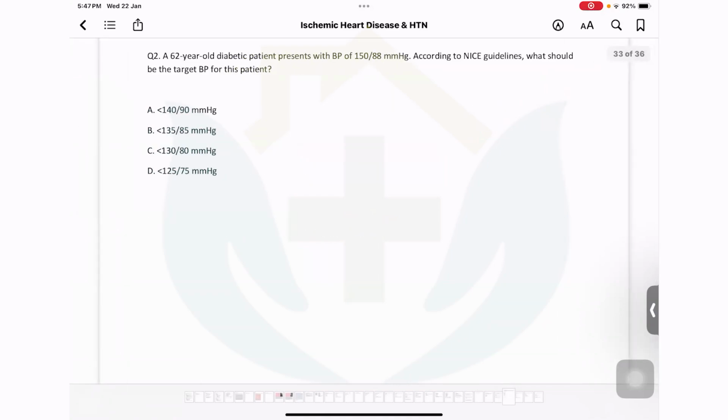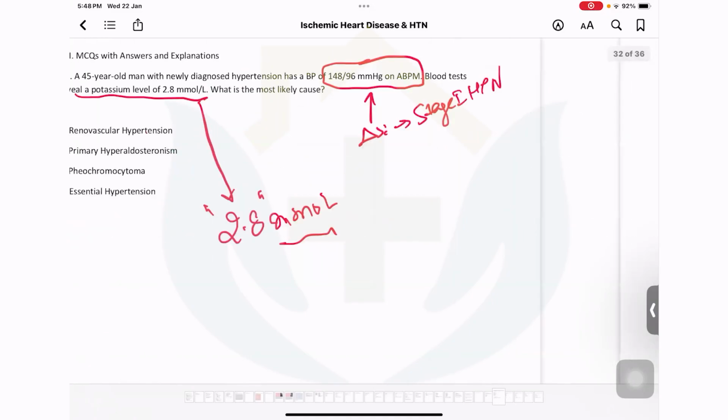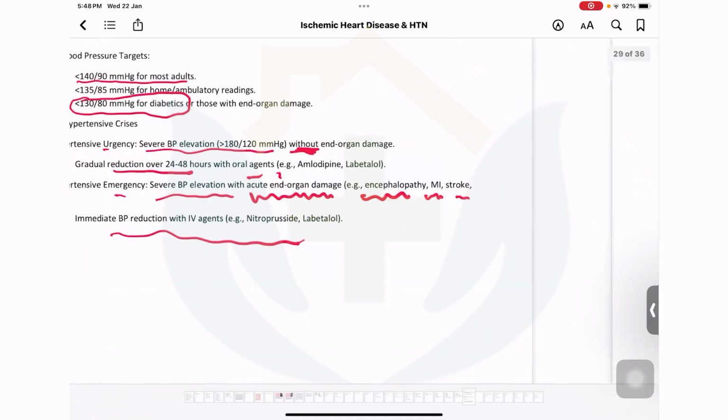A 62-year-old diabetic patient with blood pressure of 150/88. According to the NICE guidelines, what should be the target BP for this patient? Less than 130/80. So let's go back to the slide. Yes, 130/80.